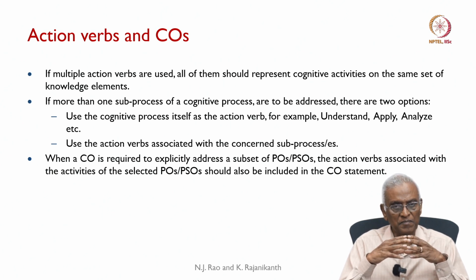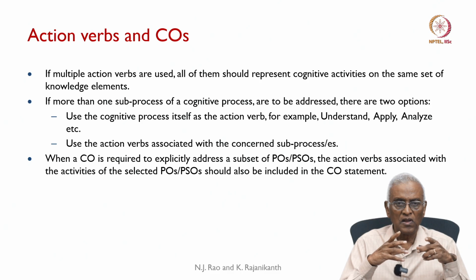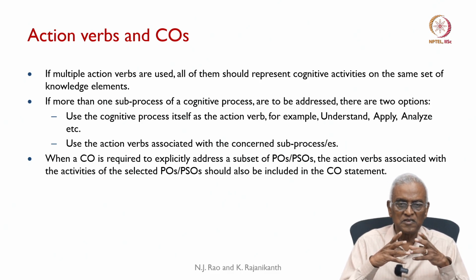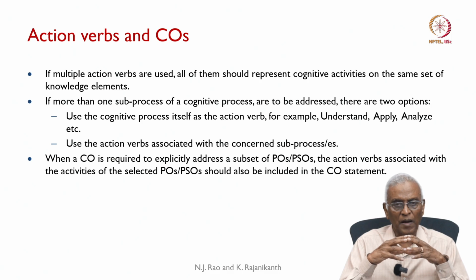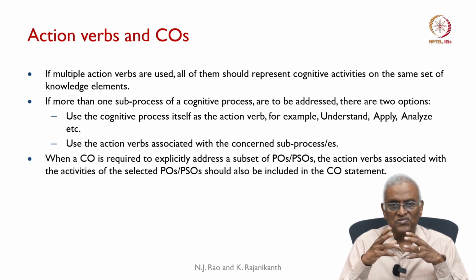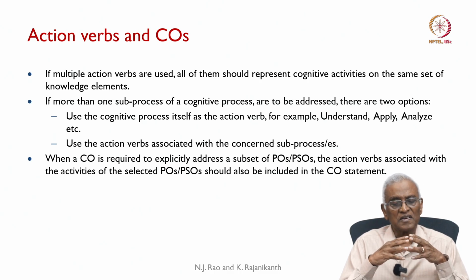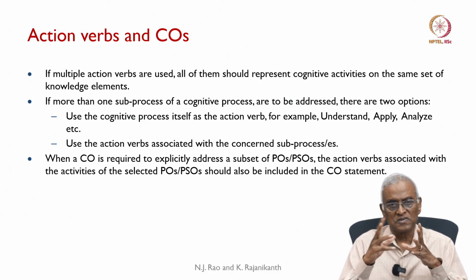Like even take remember, it has recall and recognize. Whereas understand has 7 sub-processes. Apply has 2 and analyze has 3. Evaluate has 2 and then create has 3 sub-processes.